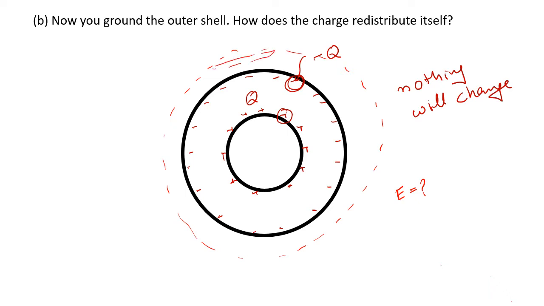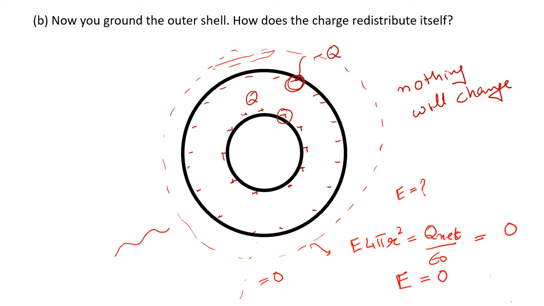So we make a Gaussian sphere, then we get E 4 pi r square is the net charge by epsilon naught, and the net charge is 0, so E would simply be 0. Electric field outside anywhere here is 0 in the beginning problem.